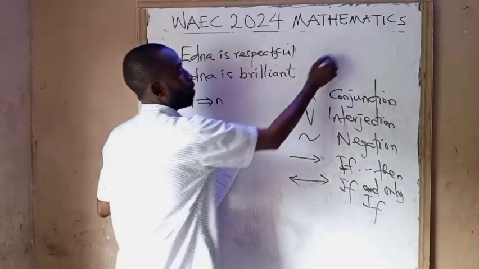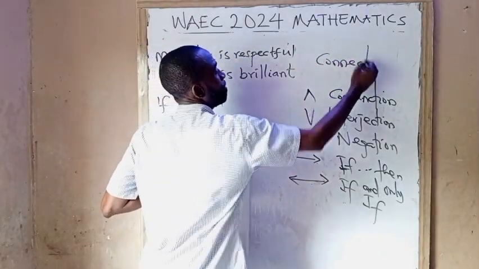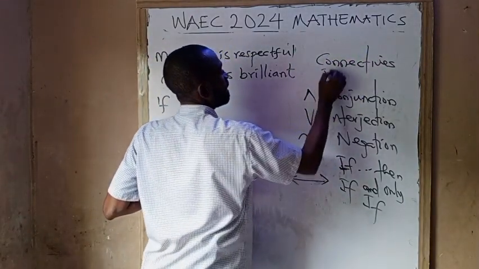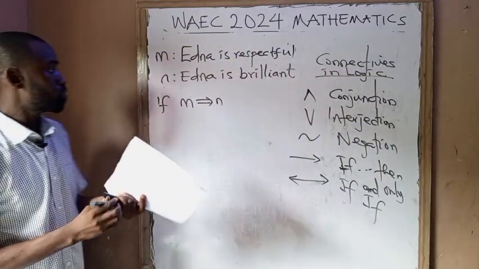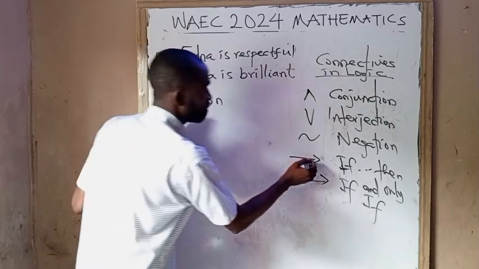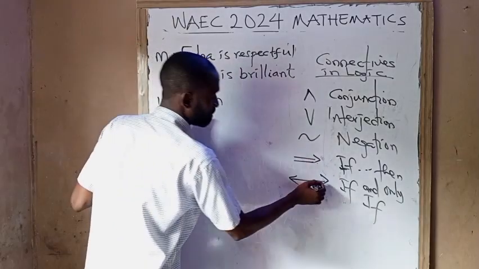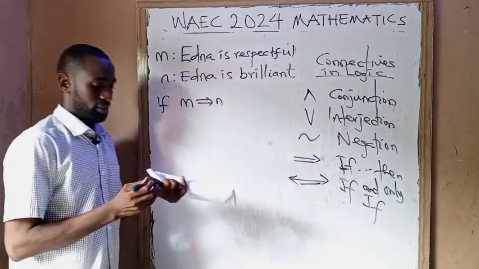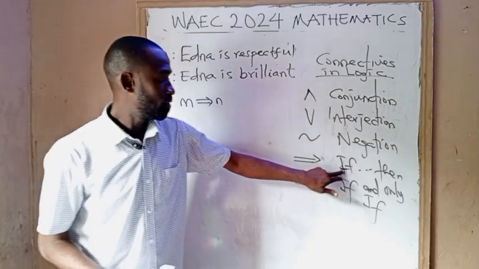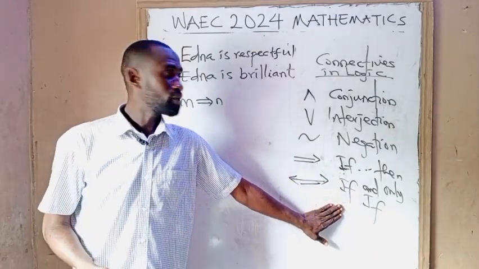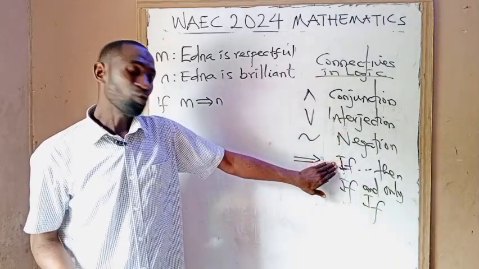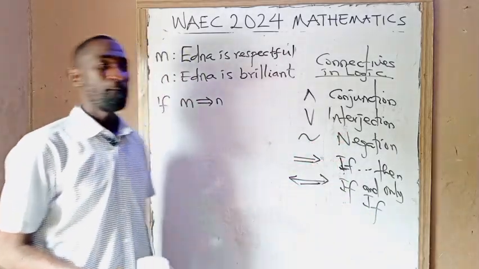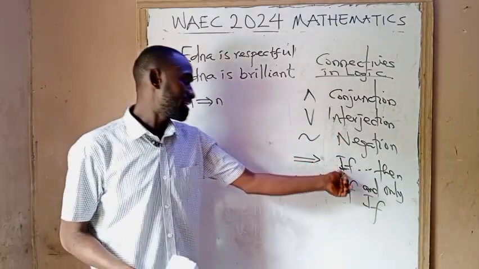All these are what we call connectives in logic. We have 5 of them like this. It can be a double arrow. If then means it implies. This is biconditional. This is conditional. This is conjunction, disjunction, negation, conditional, then biconditional. Conditional means if, then.